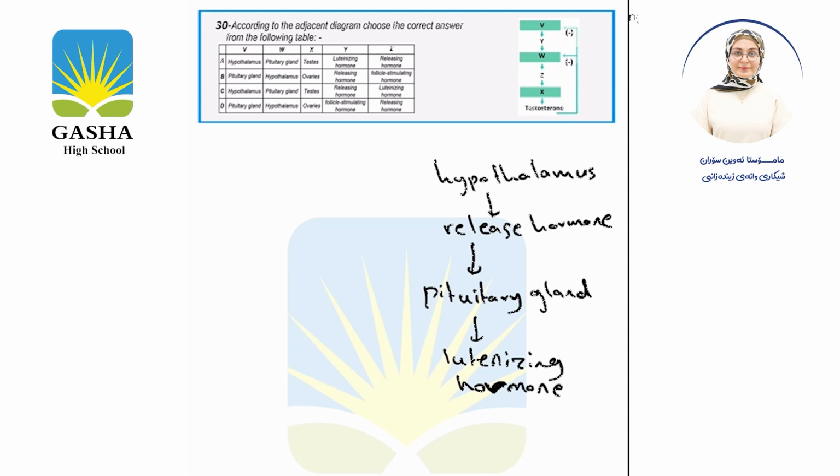On whom? On the testes. So the pituitary gland secretes luteinizing hormone to the testes, and as a result, the testes secrete testosterone.